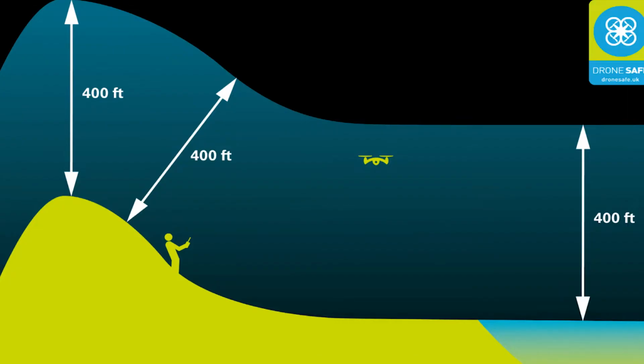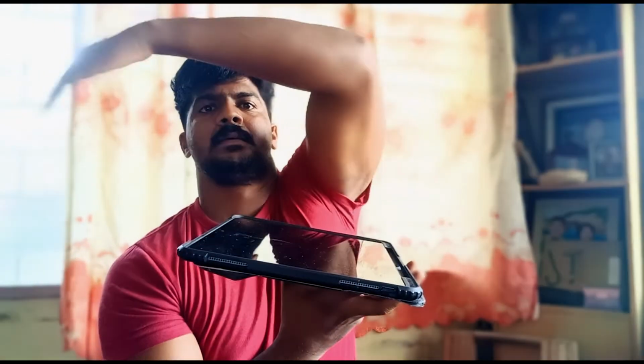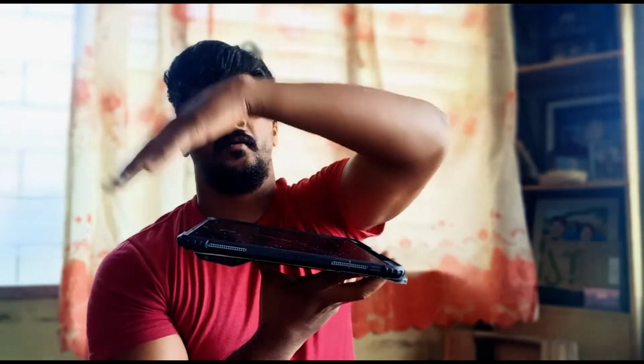This is the main reason: as per CAAP, you are allowed to fly only up to 120 meters or 400 feet, and you are not allowed to fly near an aerodrome within a 10-kilometer radius. For example, this is the aerodrome, and this is the 10-kilometer radius from the aerodrome. In this surrounding area you cannot fly.